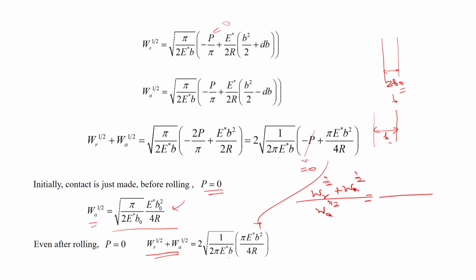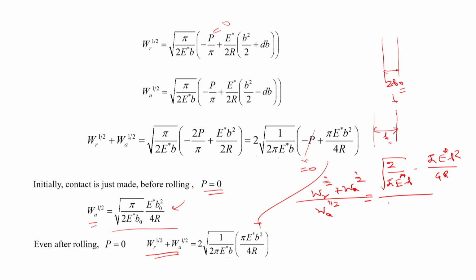Let me write it: 2, and this will be square root of 2, this is pi, this is E star by b into this is pi, and this will be E star into b square by 4 r.